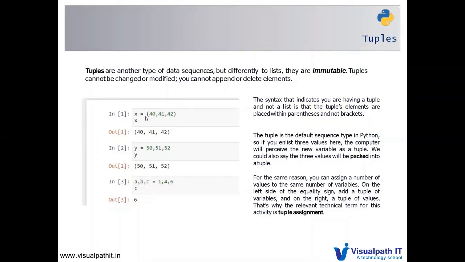We declare a tuple with say x is equal to 40, 41, 42. So tuple is the default sequence type in Python. So if you list 3 values here, the computer will perceive the new variable as a tuple. We could also say that 3 values will be packed into a tuple.